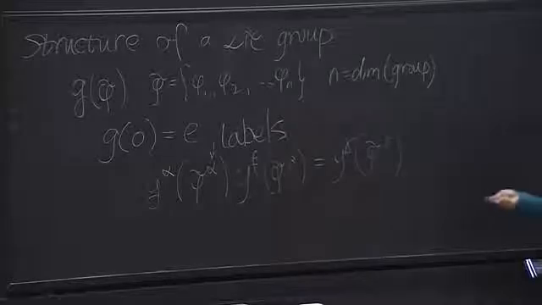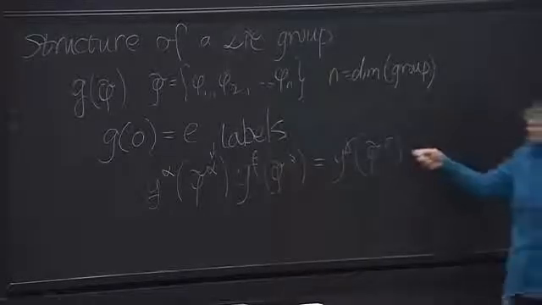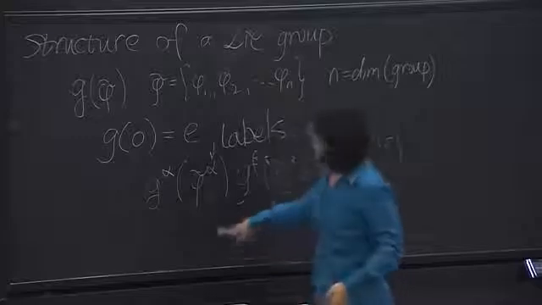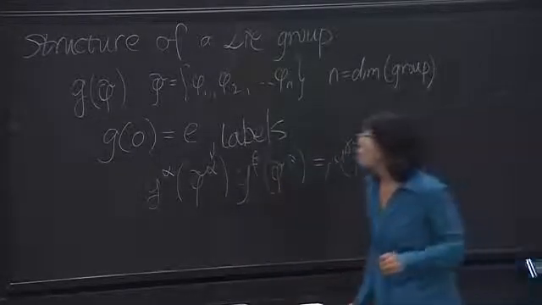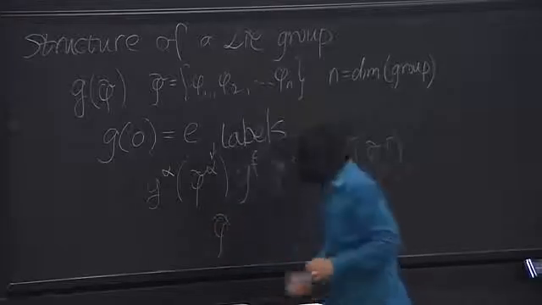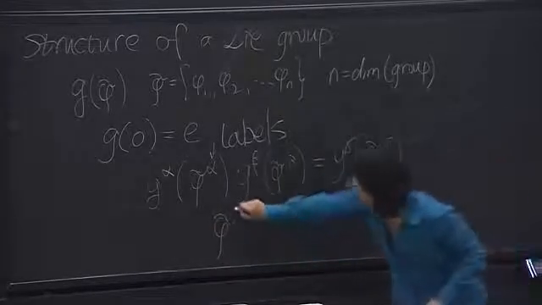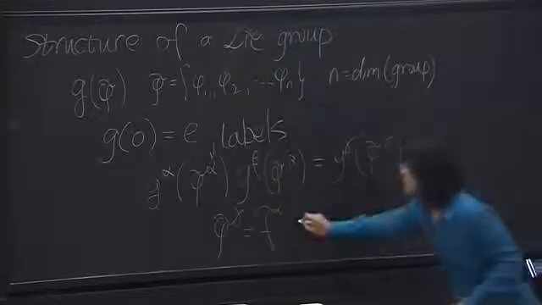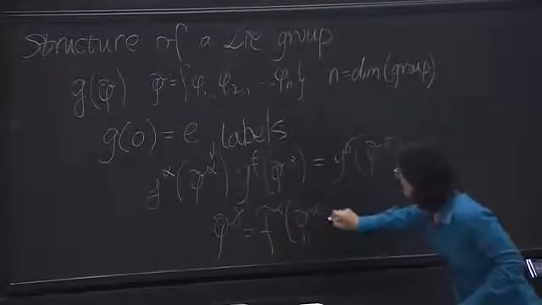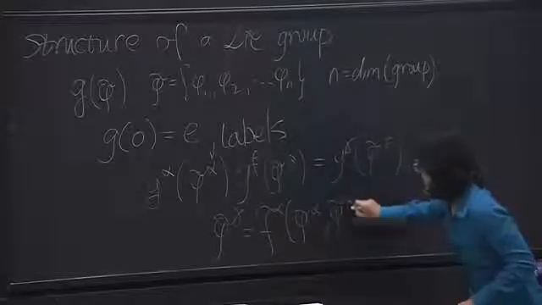From this, there is a structure of the Lie group. If the multiplication of these two elements gives us this element, then we believe the parameter must be a function, f tilde, that depends on the other two sets of parameters.